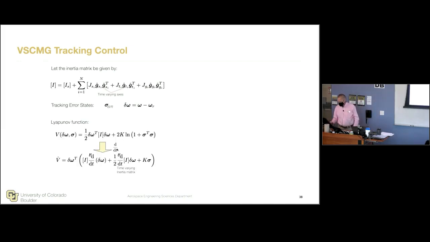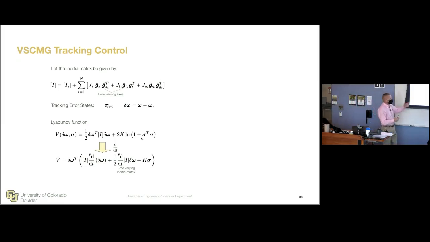Same as before, we're going to throw in a tracking Lyapunov function, the del omega and the sigmas that we had. That's cool. And then we differentiate. And so while V is a scalar, so we're just taking a time derivative, the scalar is a product of really matrix math or vector dot products that create a scalar.